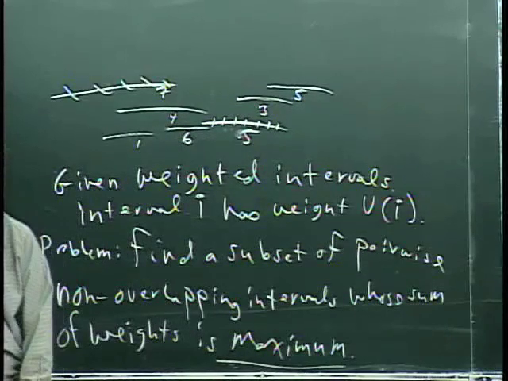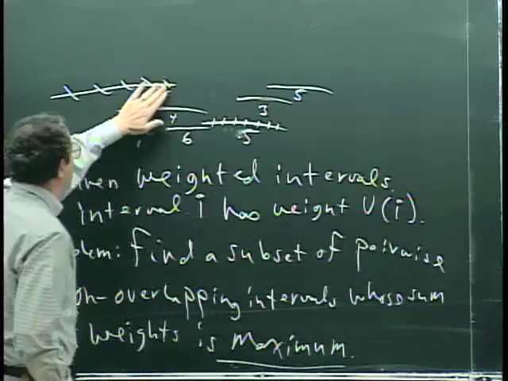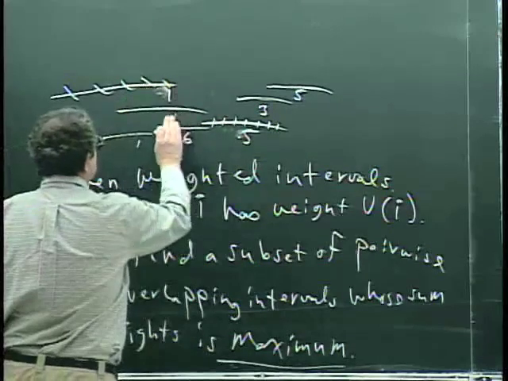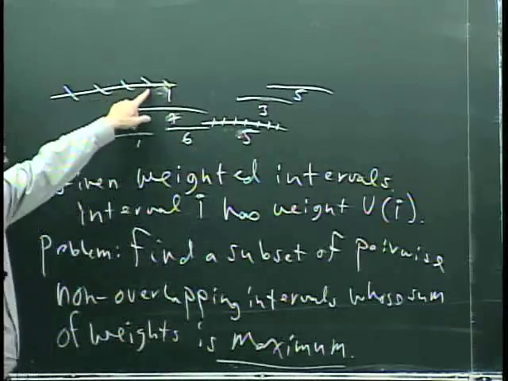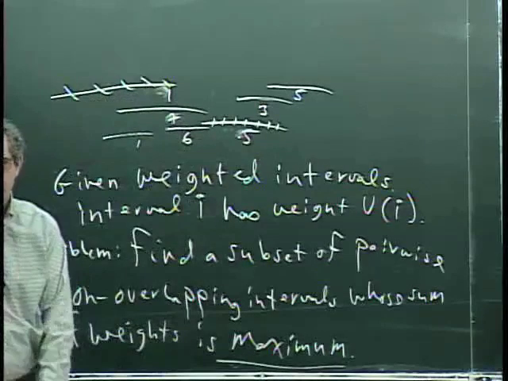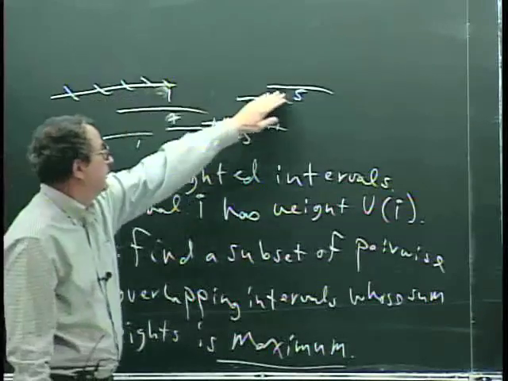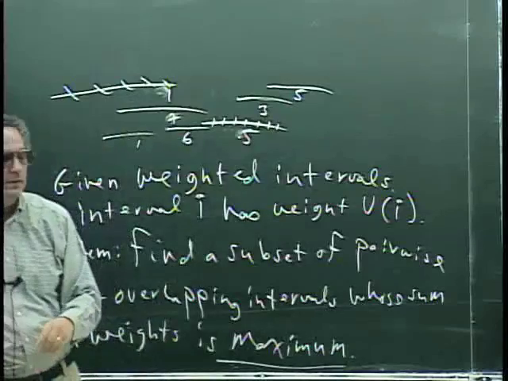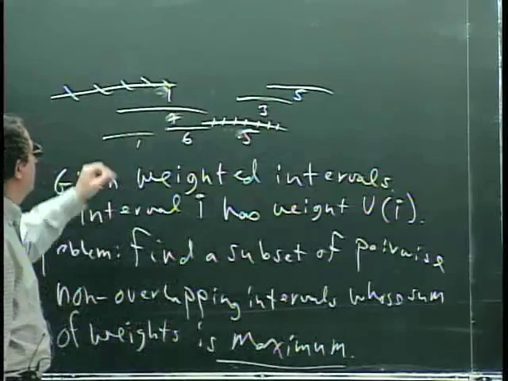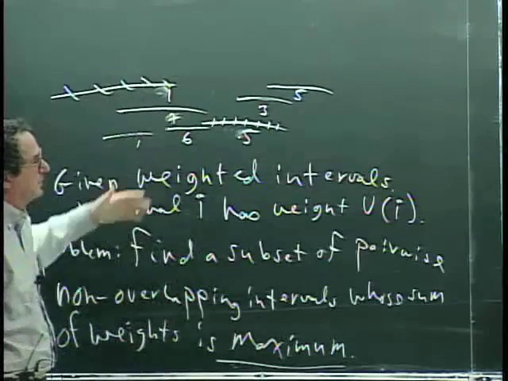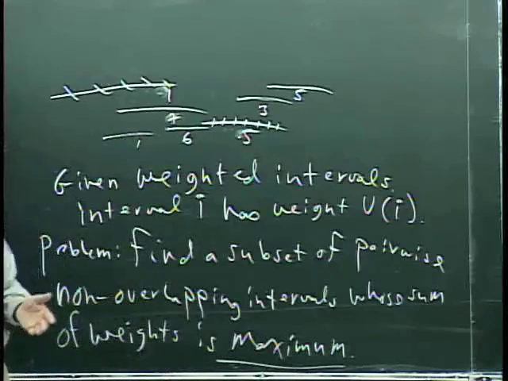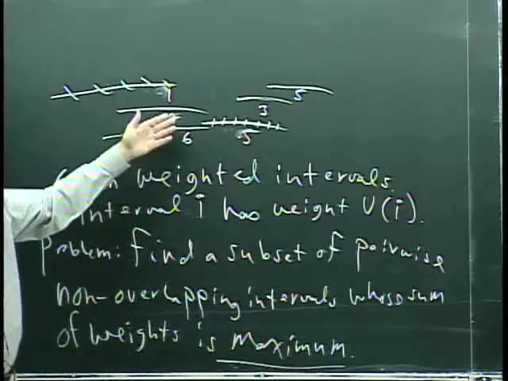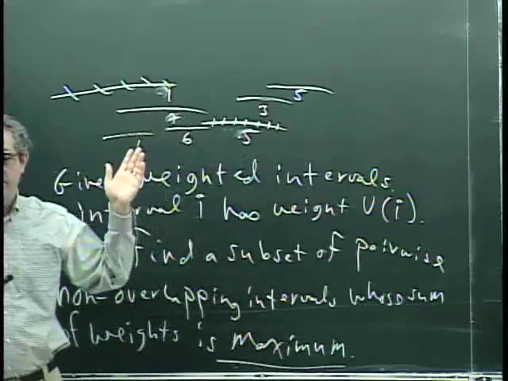No, not right. So if we change this, for example, to 1 and change this to 7, then clearly this 1 plus this 5 is not the optimal. You could take 7 and this 5, for example, and get 12. So this problem of maximizing the total weights looks more complicated than just maximizing the number of intervals.